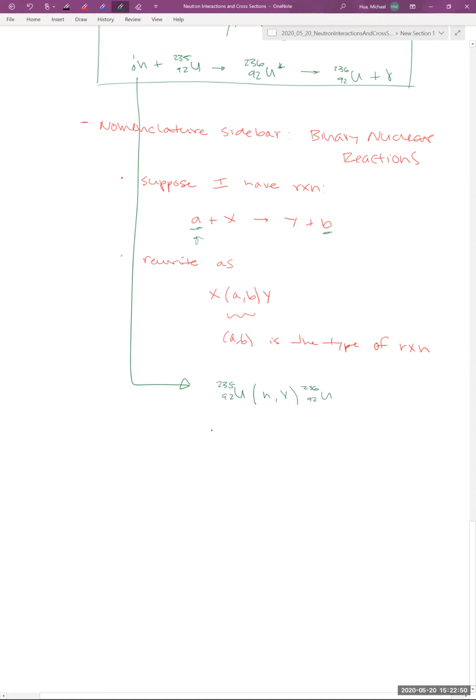And so we would call this an N-gamma reaction. In a different example, if someone said alpha N reaction, this would mean that an alpha particle went in and neutron particle out. So we'll continue to use this nomenclature throughout the course.